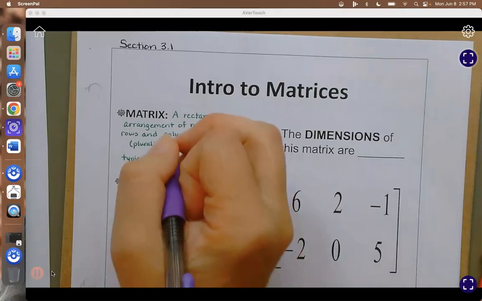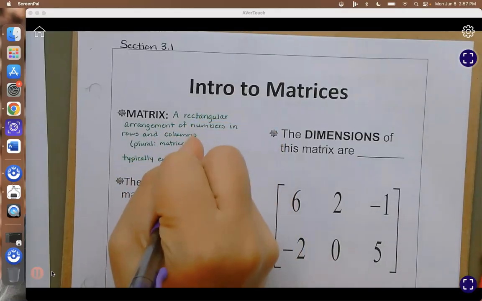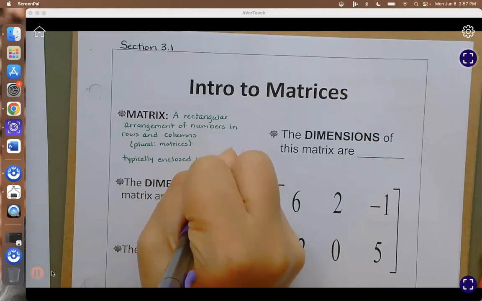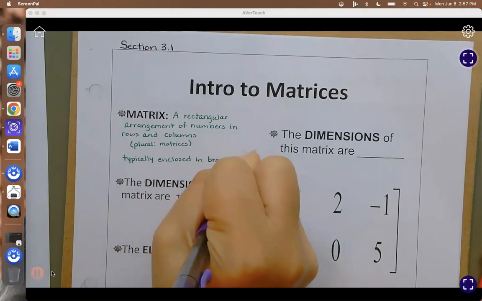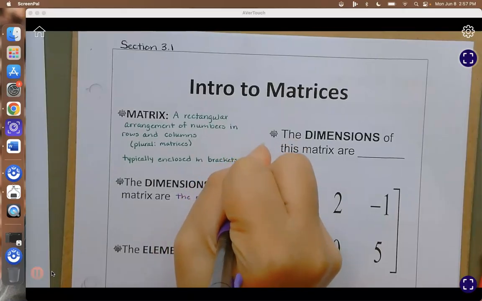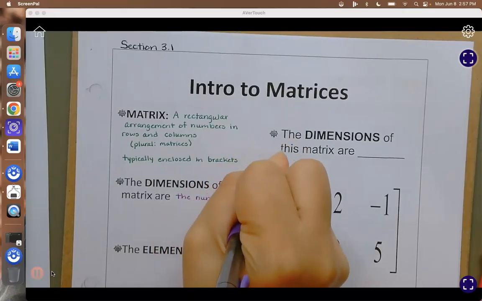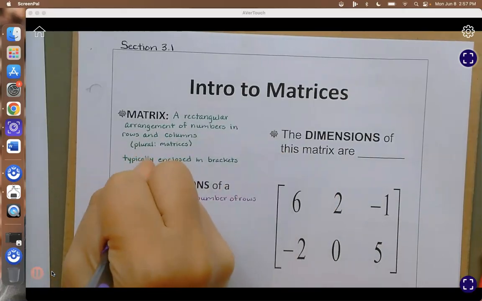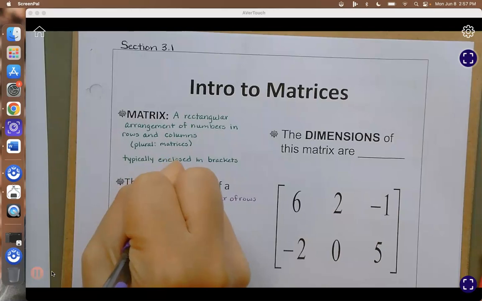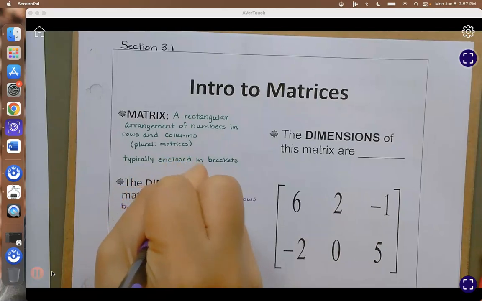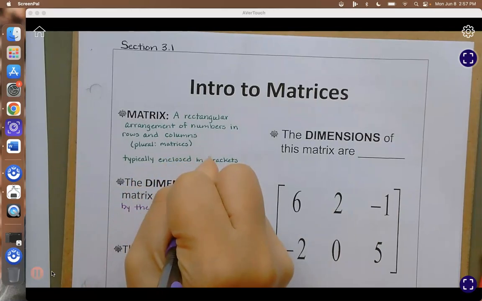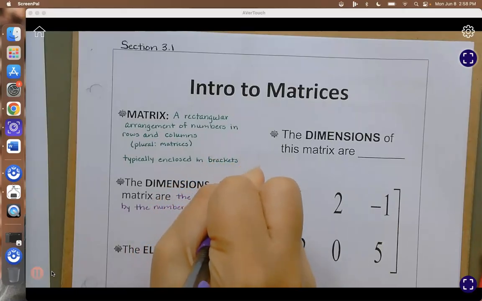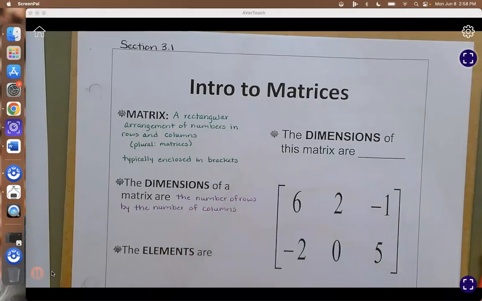The dimensions of a matrix are the number of rows by the number of columns.